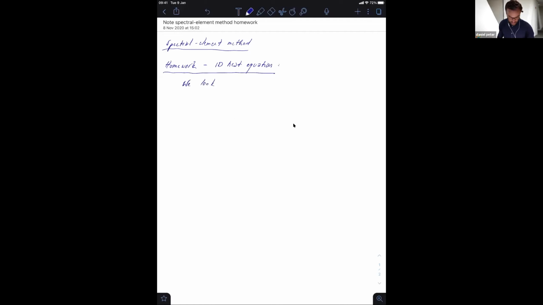So we look at the unsteady state heat diffusion, where we have this thing here. So what is the first step in order to solve this with the spectral element method? Step 1.